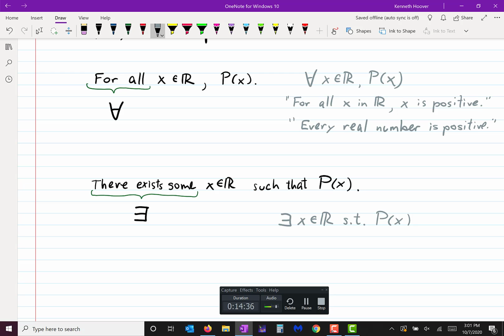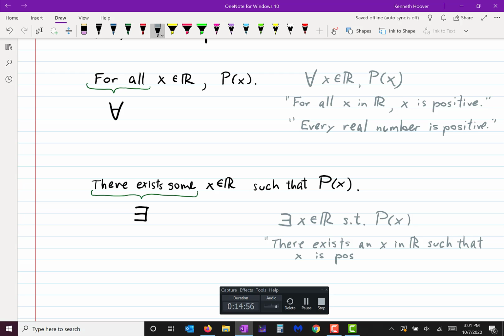Okay, so that says there exists an x in R such that x is positive.